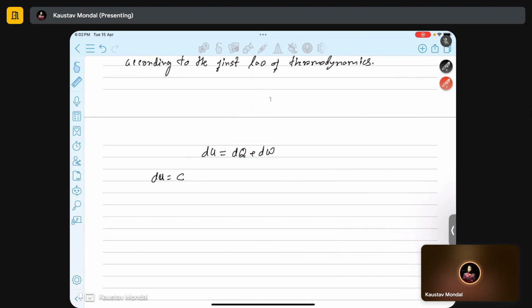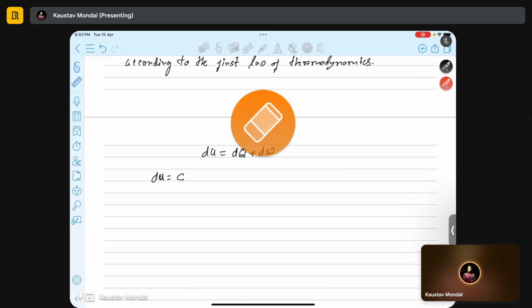Depending upon the condition, you can take C as the specific heat at constant pressure, or it can be calculated at constant volume, in which case it would be the specific heat at constant volume. For the general case, we are taking it as C only, which is the specific heat.